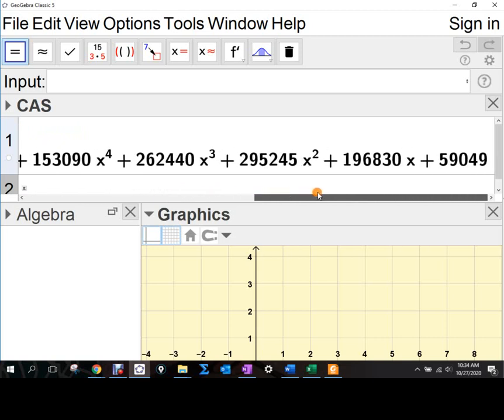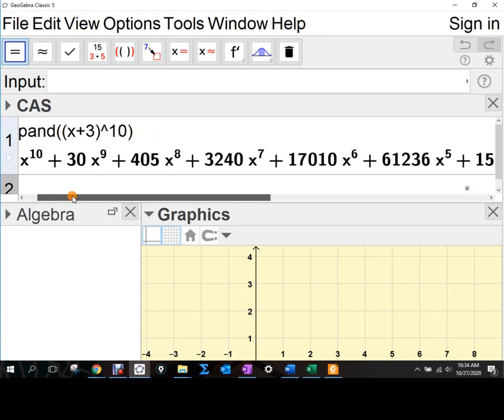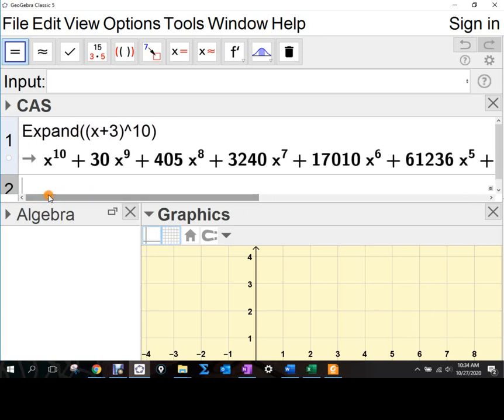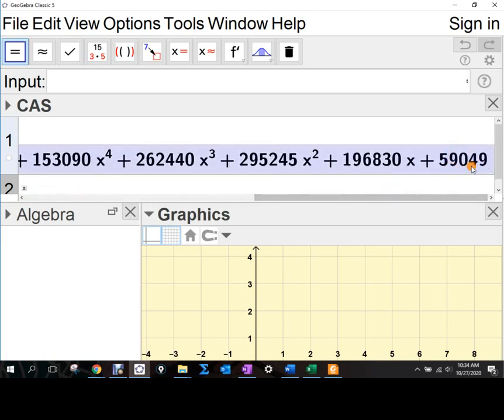So I'm not going to read all these, but it gives me those, right? So that's what that thing actually expands to if we were actually to FOIL it all out. It's pretty nasty, right? Okay. Now my denominator would be that plus 1, right? So really my denominator is just going to be that whole thing, but that's going to be 59,050.